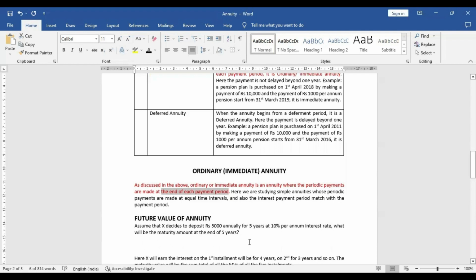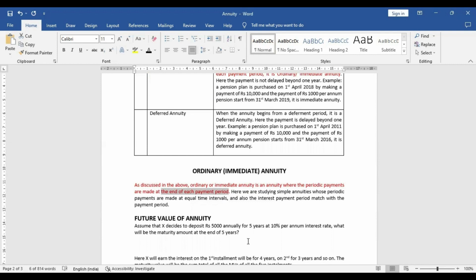That means the person is depositing 5,000 rupees annually. Every year 5,000 will be deposited, the rate of interest is given as 10%, and this deposit will be for 5 years. That means first year 5,000, second year 5,000, third year, fourth year, fifth year 5,000.